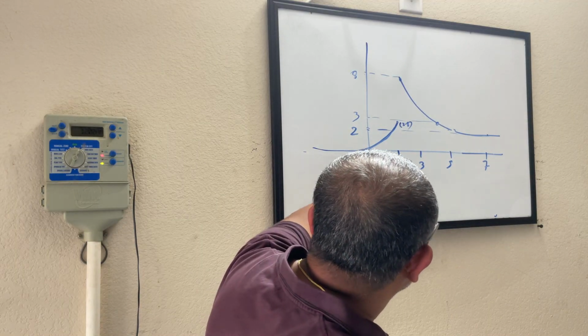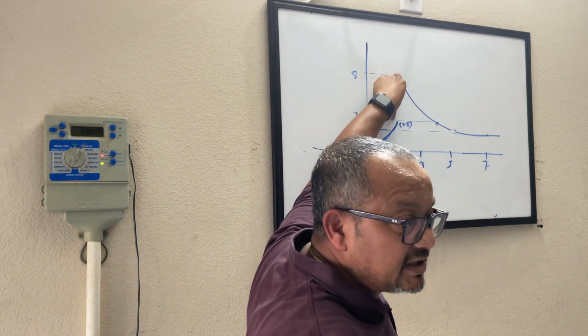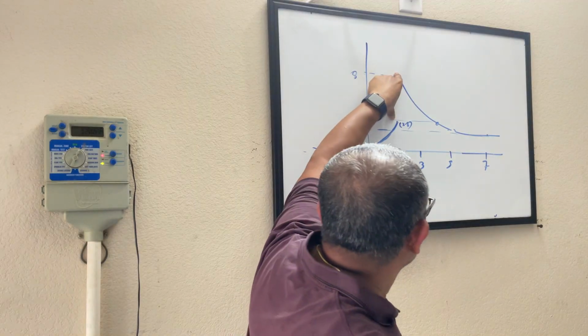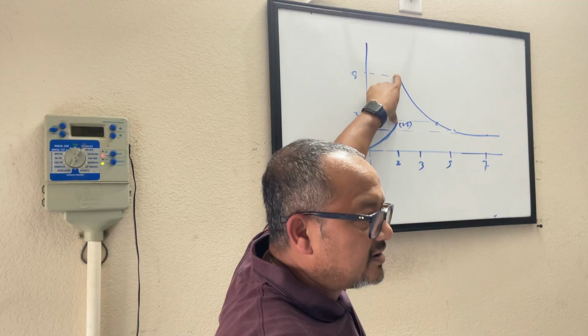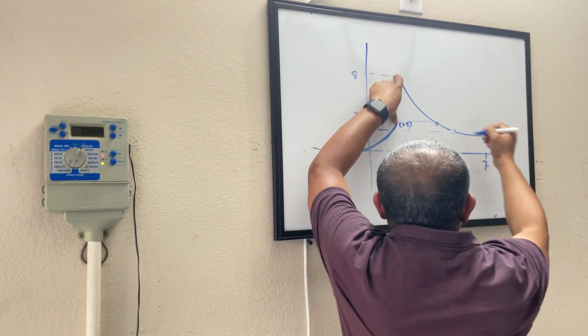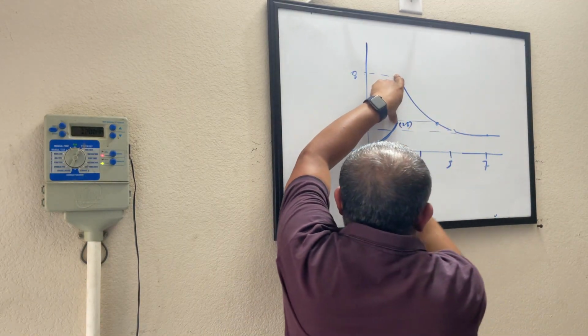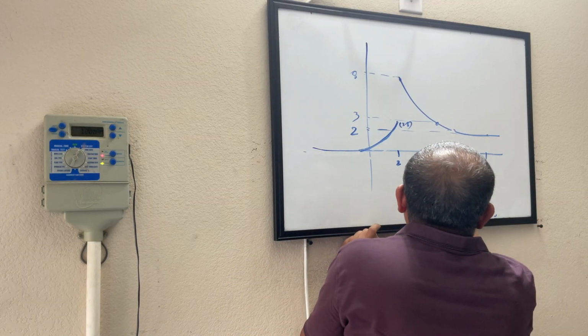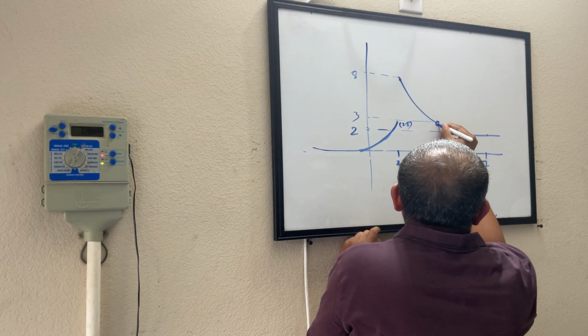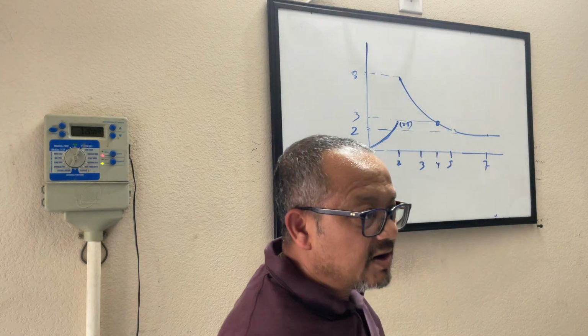For x equal to 2, you have a disconnect here, okay? Meaning, this is where this graph ends and this graph starts. At x equal to 4, you have a gap.